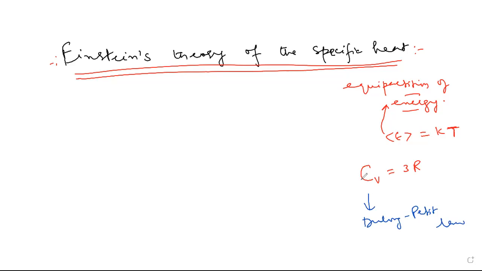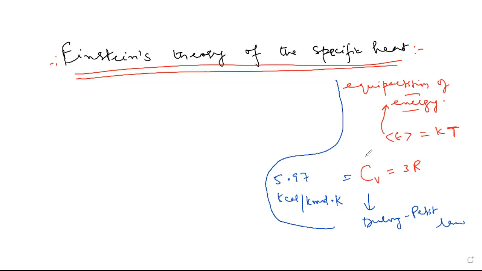And the value of this 3R is 5.97 kilocalories per kilomole Kelvin. This is the value of 3R in this particular unit.